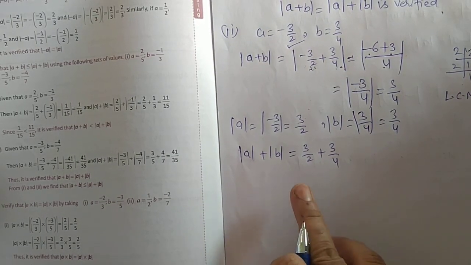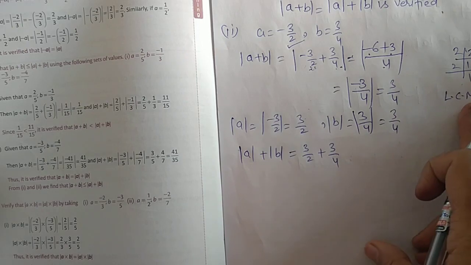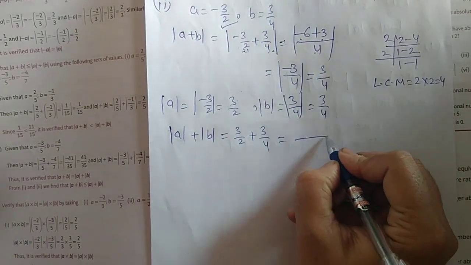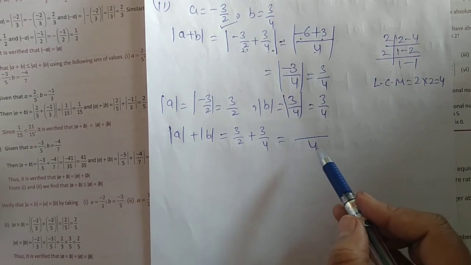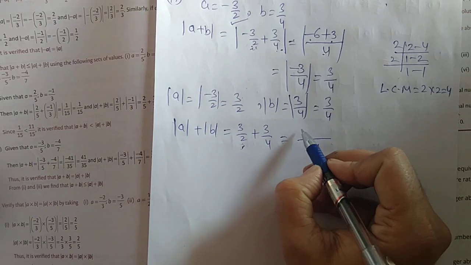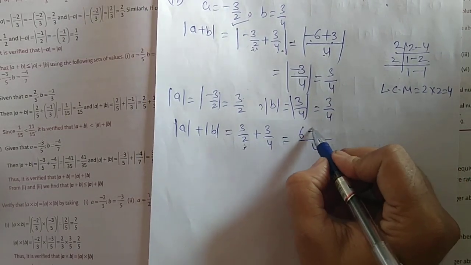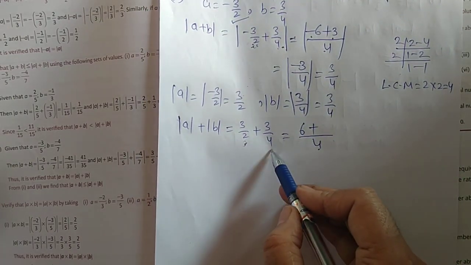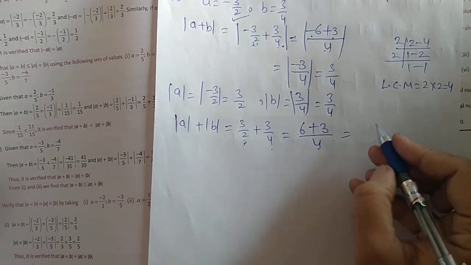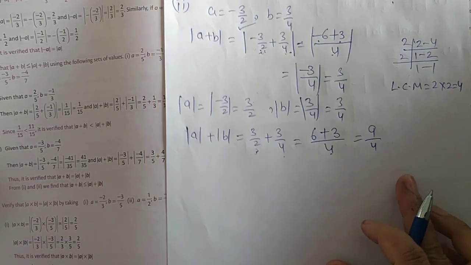The LCM of 2 and 4 is already done here, it is 4. Now same procedure, 4 divided by 2 is 2, 3 2s are 6, plus 4 divided by 4 is 1, 3 1s are 3. So 6 plus 3 is 9 upon 4.